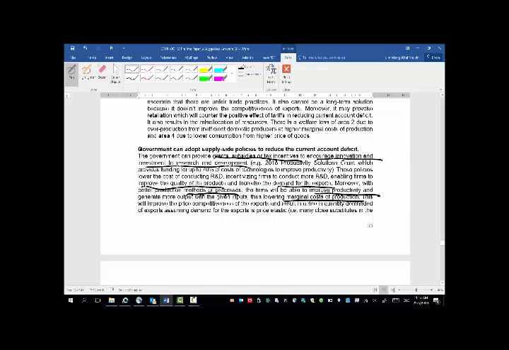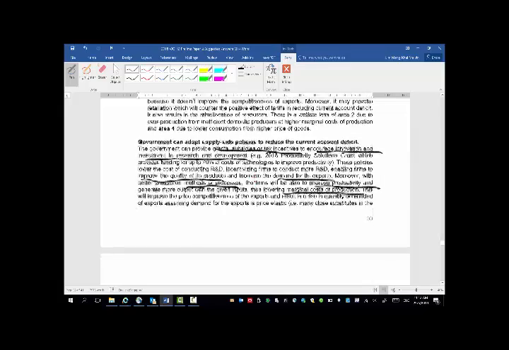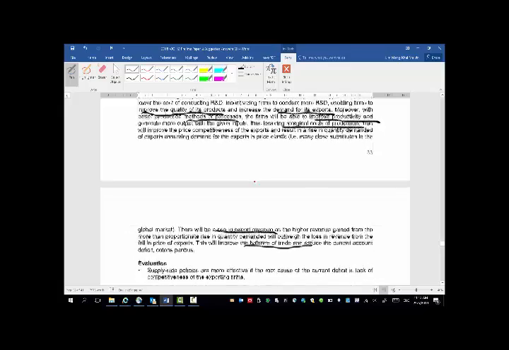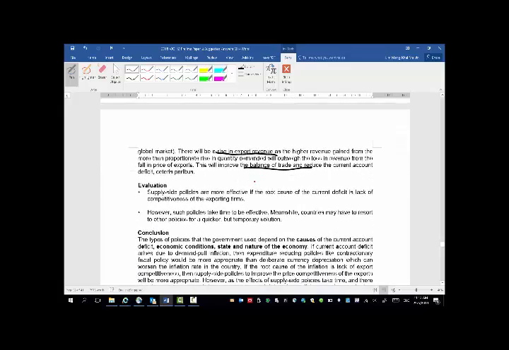So it's an improvement in both cost of production as well as quality. So lower prices, improved quality, and this will help to increase your export revenue and improve your balance of trade and hence the current account deficit. All right, more effective if the root cause here is lack of competitiveness, but it takes time.